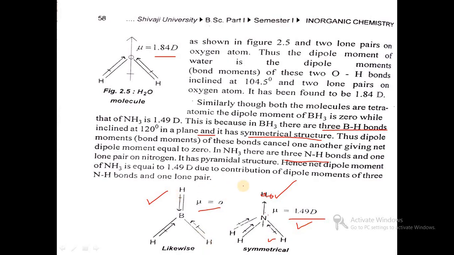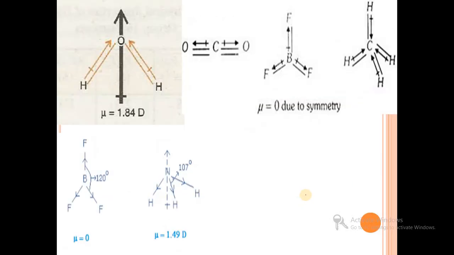So in case of BH3 and NH3, BH3 shows 0 dipole moment, but NH3 due to lone pair shows dipole moment. So these are the examples, and another example we have studied is water 1.84 D, CO2 0.